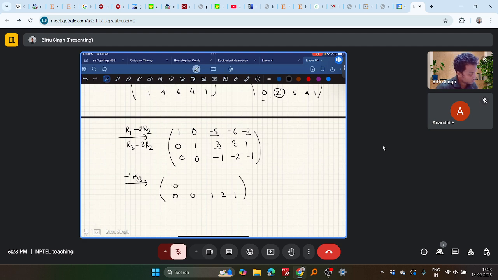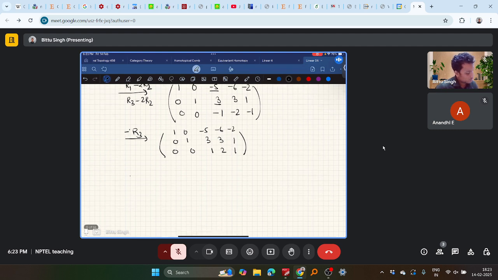Everything else is fixed. That is 0 1 3 3 1, and 1 0 minus 5 minus 6 minus 2. The next step is R1 plus 5 R3, which removes the minus 5, and similarly R2 minus 3 R3 removes the 3.